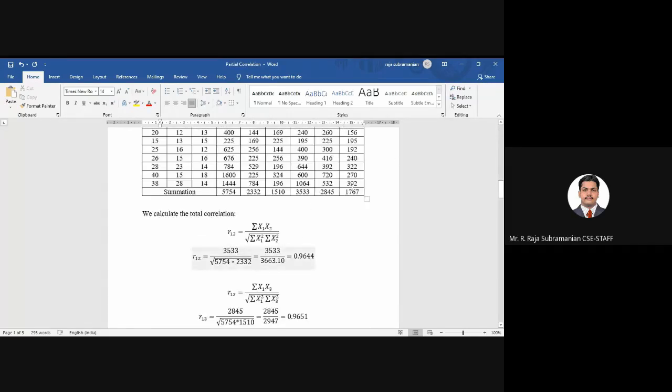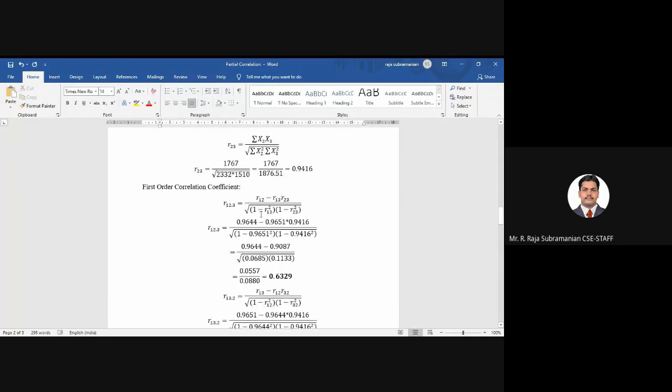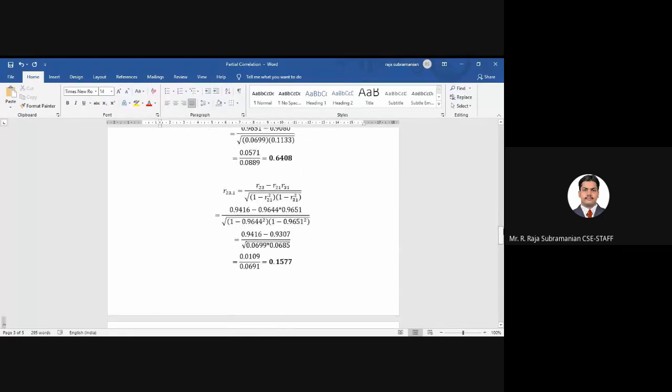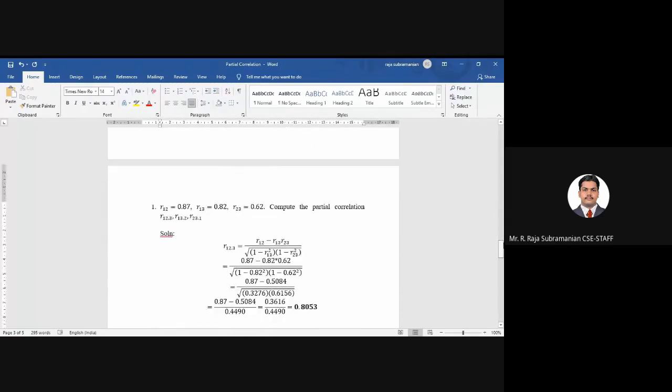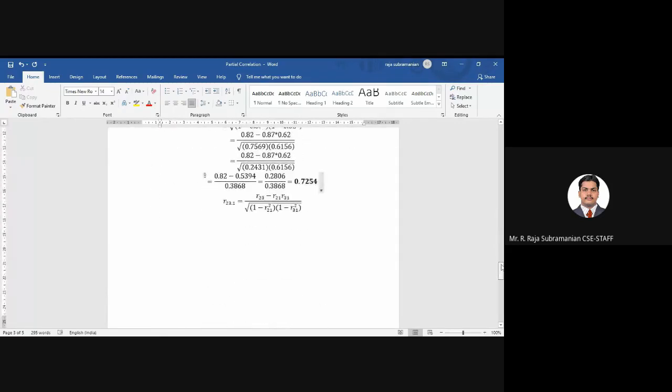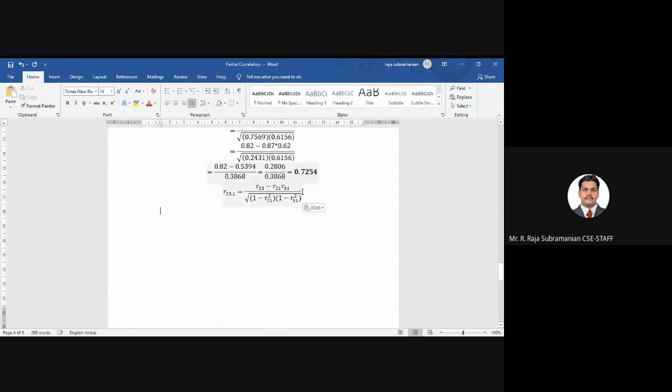Totally 3 to 4 minutes will be given for the table construction. Next R12, R13, R23, then R12.3, R13.2, R23.1 construction, and any one second order partial derivation. Whether I was very stringent in giving that time or whether it is the correct time?